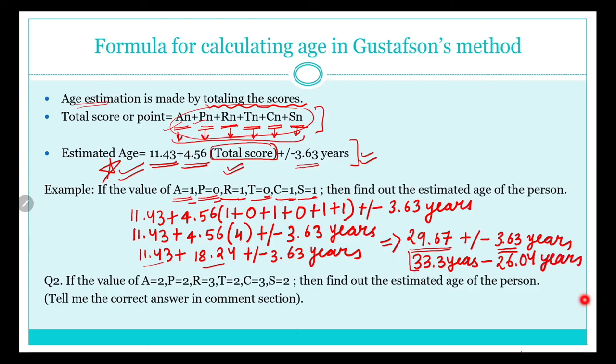So through this method we have deduced that the age of the person can be between 33.3 years and 26.04 years. It will be between this age.